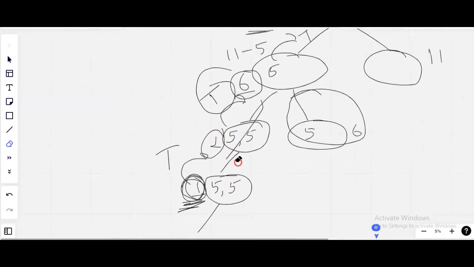Here s was 6, and num was 5. So we had two choices.